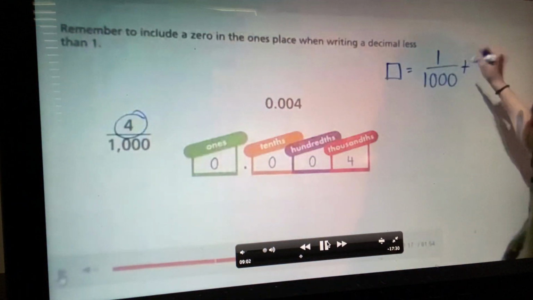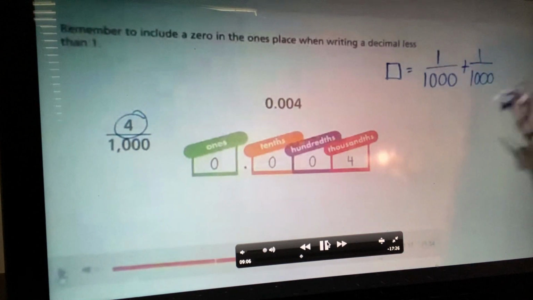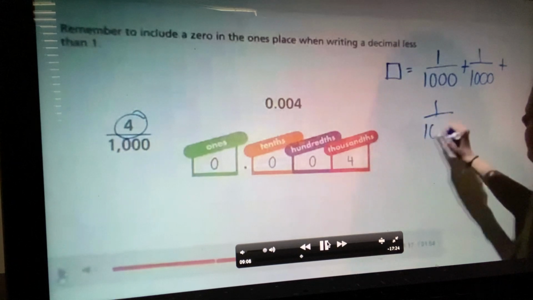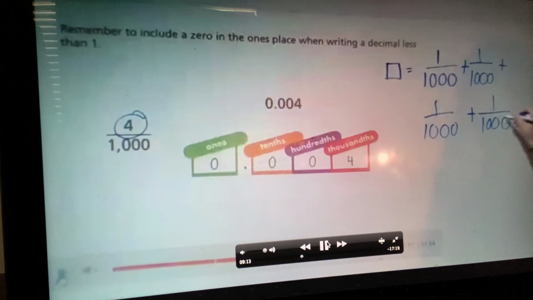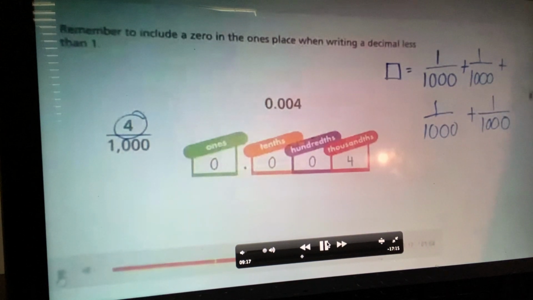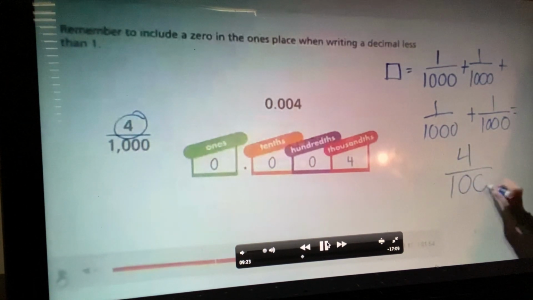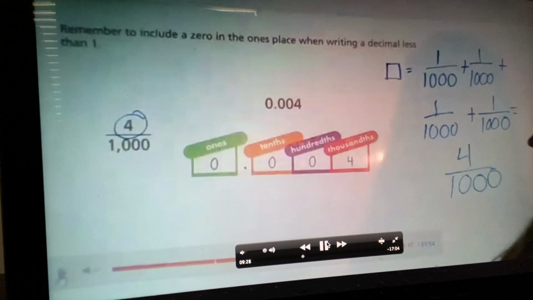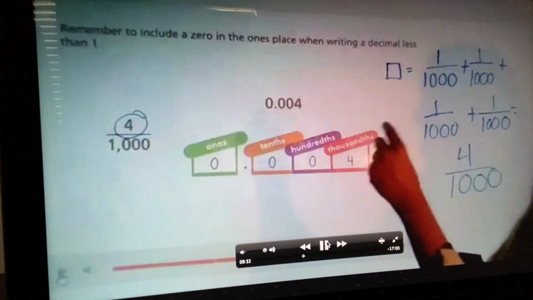Well, if you broke it down, there's 1 cube, 2 cubes, 3 cubes, 4 cubes, which would equal 1 1,000th, 2 1,000th, 3 1,000th, 4 1,000th. So it's going to be very important that you know what each of those cubes stand for.